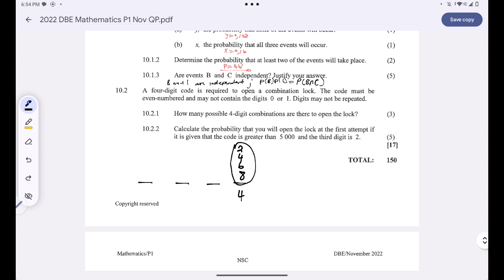After I've chosen one number from here, that means in the first digit I'll be left with 7 numbers to choose from. Since I've already occupied 2 spaces, I've eliminated 2 numbers from the total of 8 numbers. That means in this placeholder I'll simply have 6 numbers remaining to choose from.